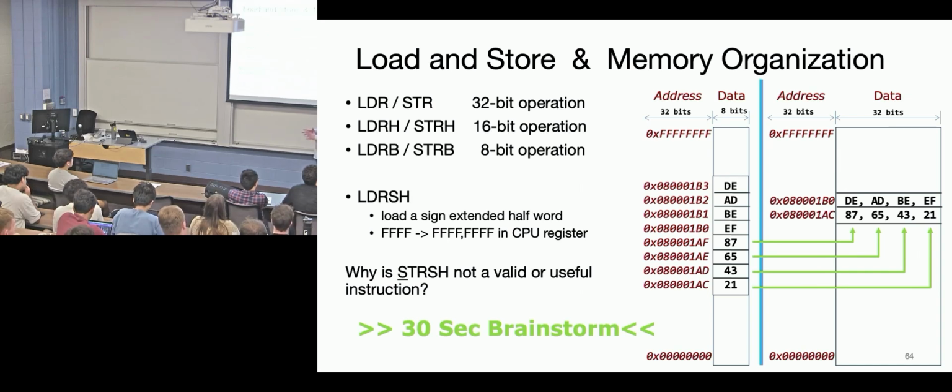So why are there no signed store functions? When you load, you sign extend, so the value is correct. Then when you store, it's already sign extended. Yes. The point. And the other idea, there's no type in memory.